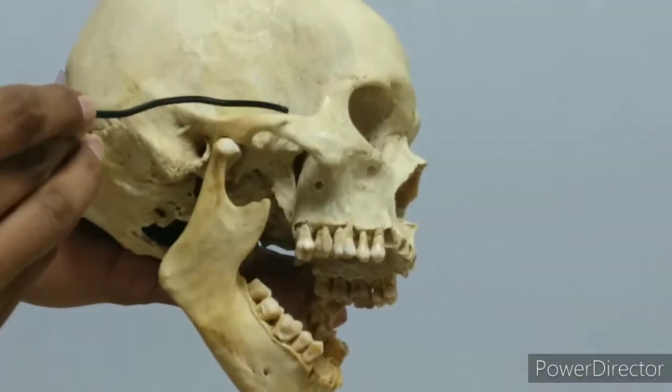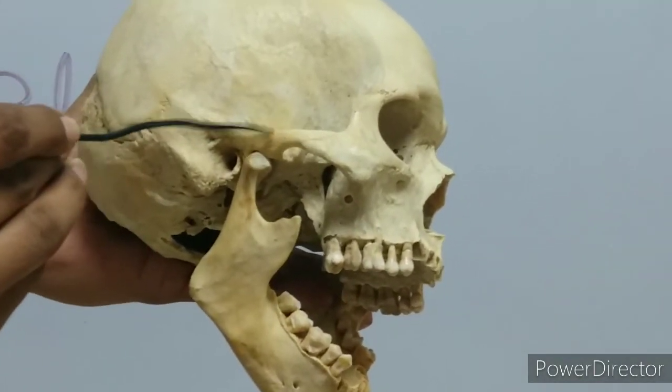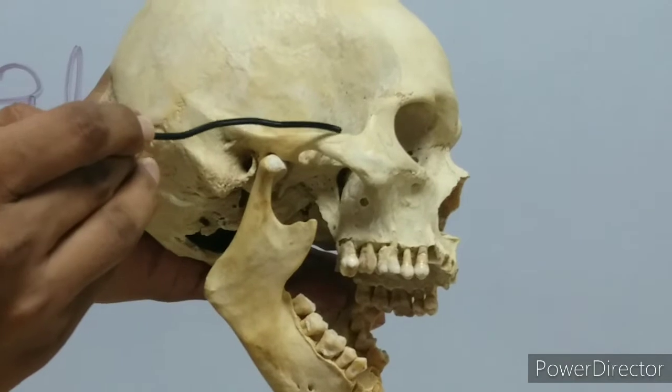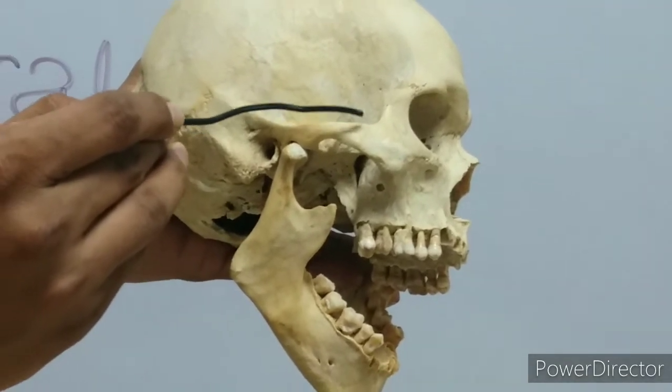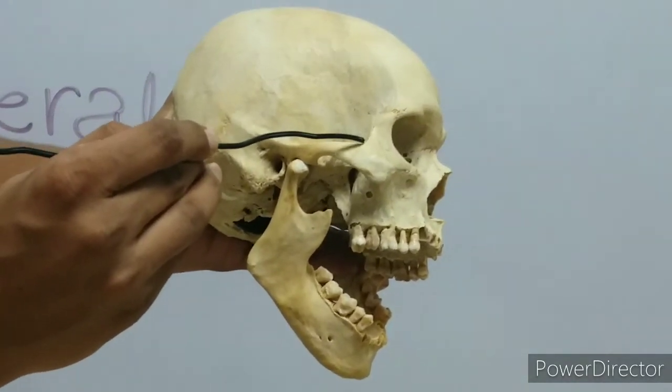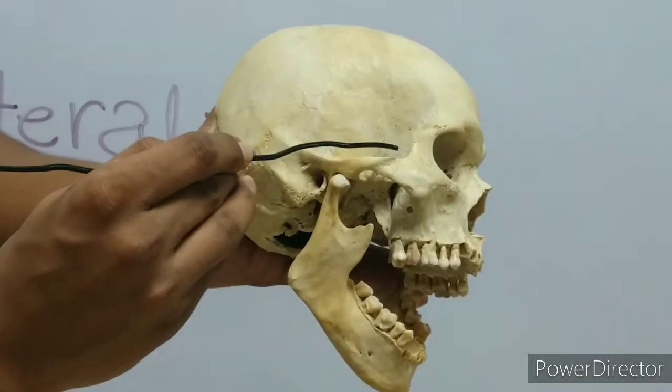Now the anterior end of the zygomatic arch, this point, is called the jugal point.